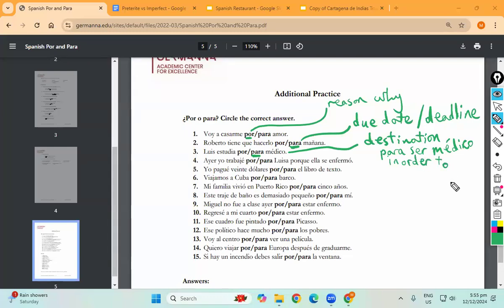All right. What about number 4? Ayer yo trabajé por o para Luisa porque ella se enfermó. So, on her behalf, in place of.